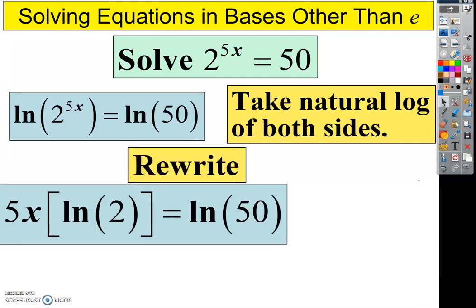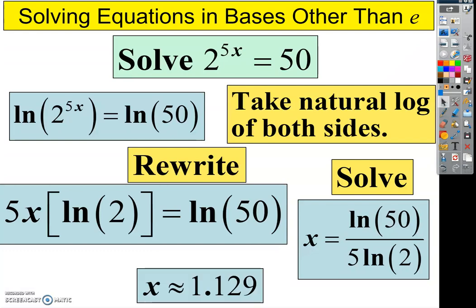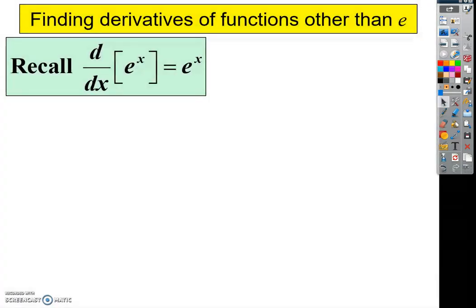If we take the natural log of both sides, this is where we get it, because otherwise there's not really any way to do this. We can also do this with common log. They could both have common log in front, and it'd be the same thing. Then use your calculator. So not the end of the world.